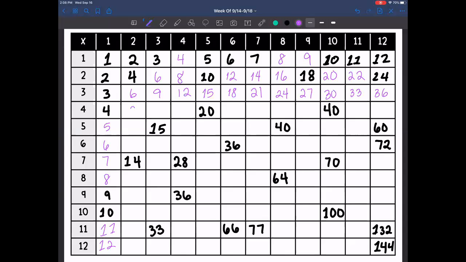4 times 2? 8. 4 times 3? 12. 4 times 4? 16. 4 times 6? 20. 4 times 7? 28. So I'm skipping the ones that were already filled in, and I'm only filling in the blanks, okay?